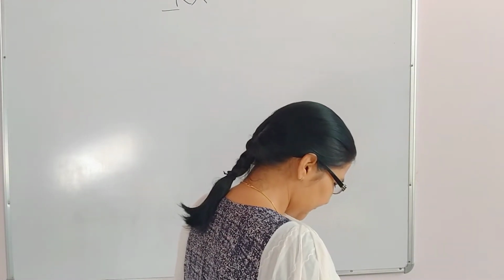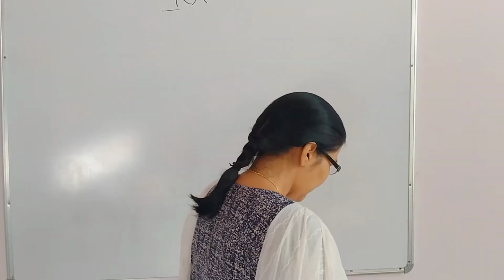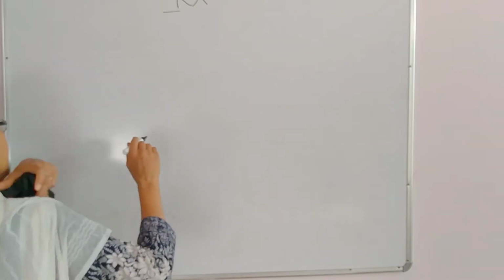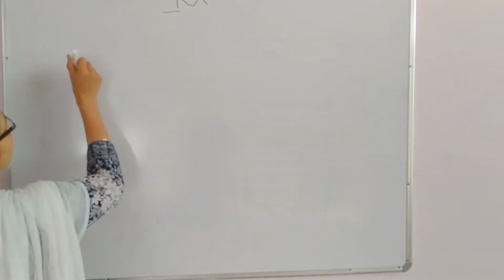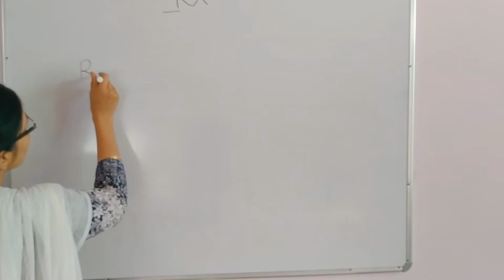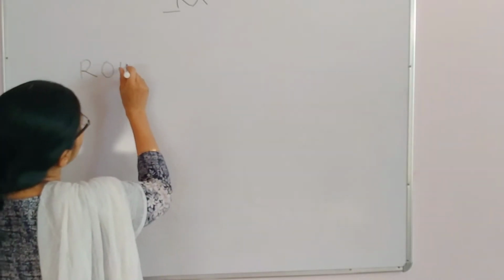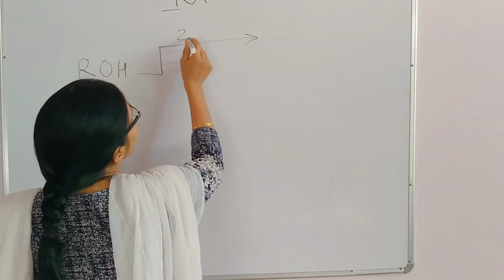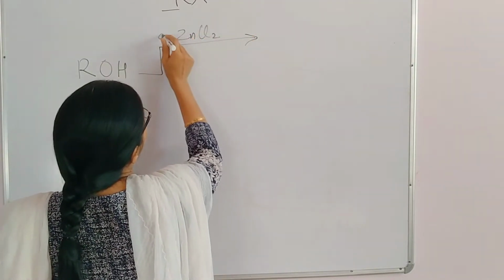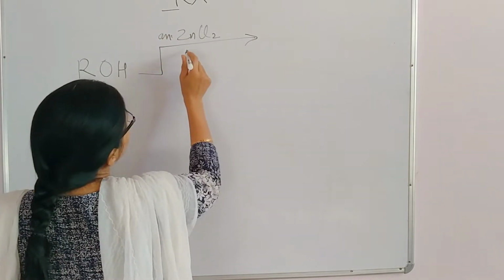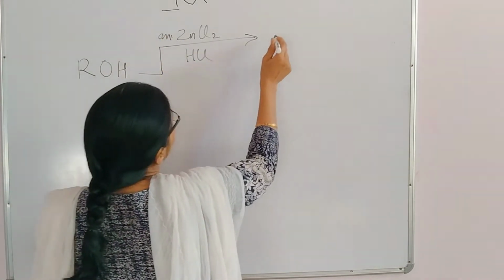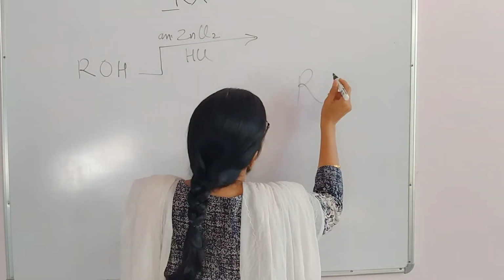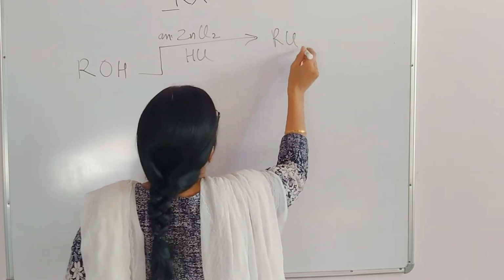Preparation method. The very first preparation method is from alcohol. As we have studied earlier also, anhydrous ZnCl2 and HCl when directly treated with alcohol, there is formation of RCl.